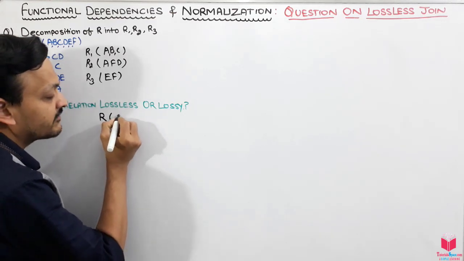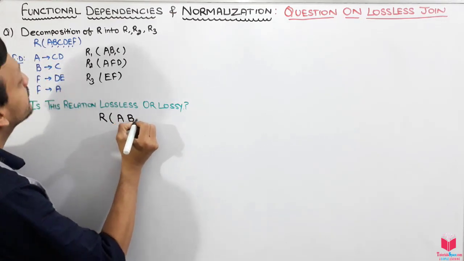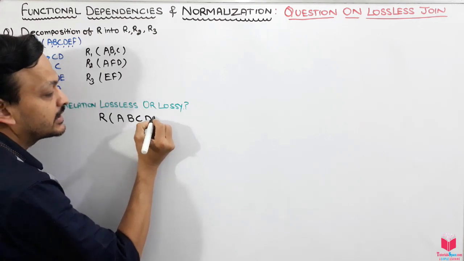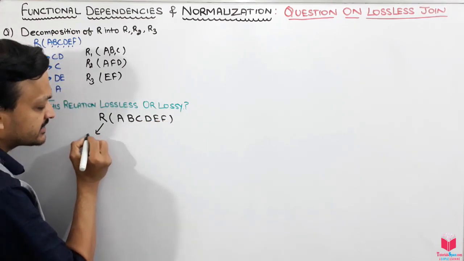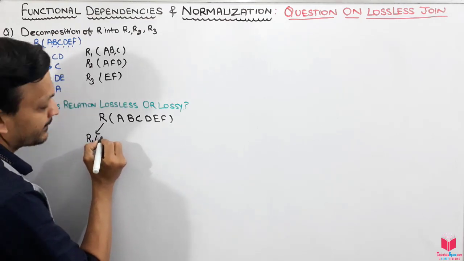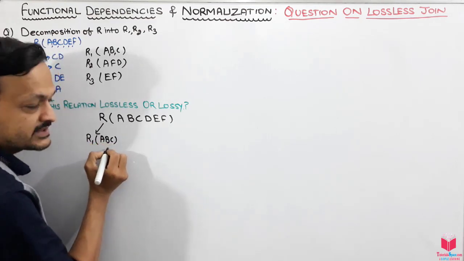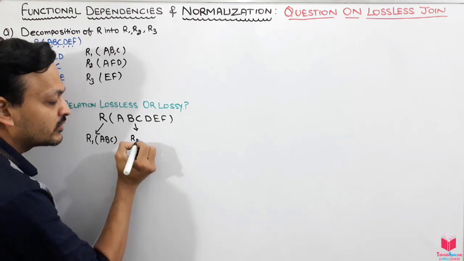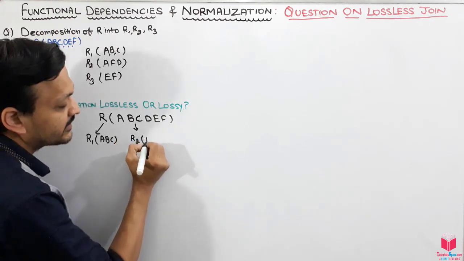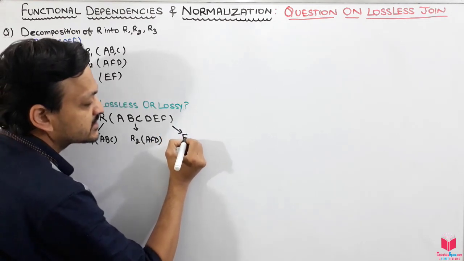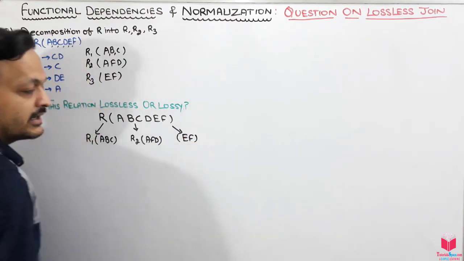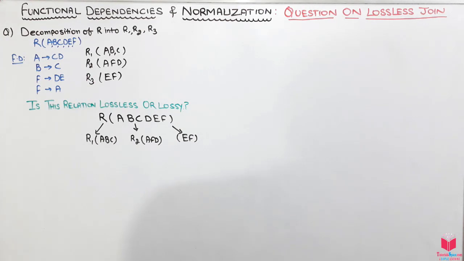We have a relation R with A, B, C, D, E, F attributes. We have divided this into R1 which contains A, B, C, then R2 which contains A, F, D, then R3 which contains E, F. Now we have to combine two relations.